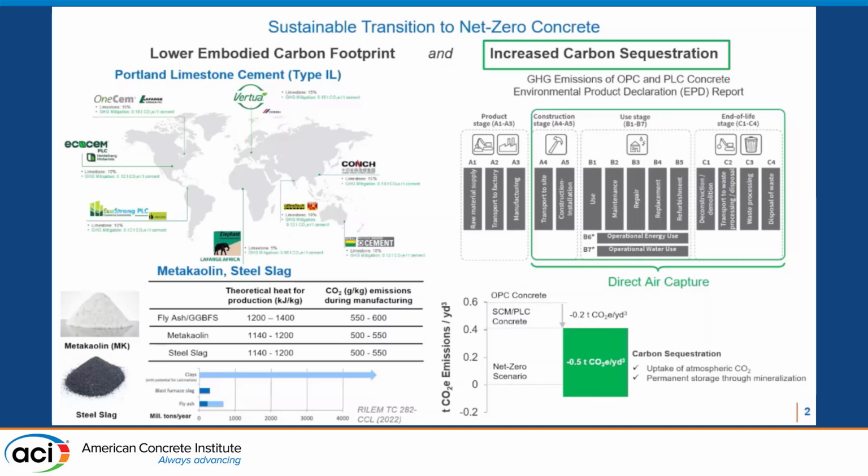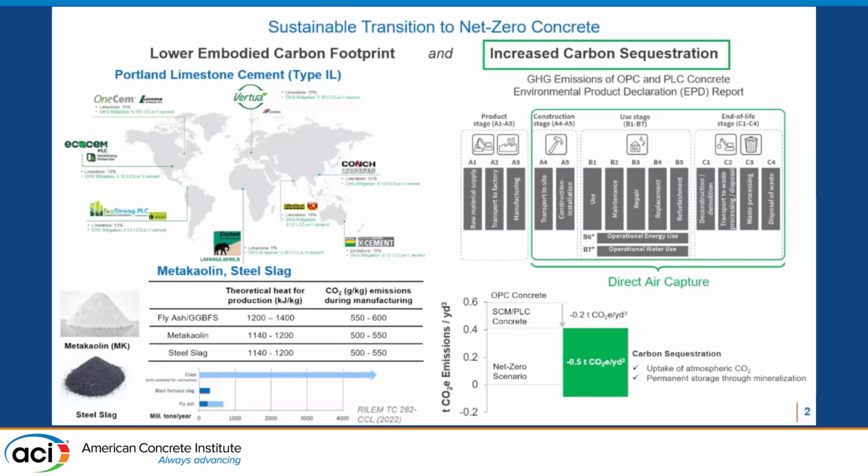But to conclude with this small introduction, please take a look here at this information, as we are showing what we can do using OPC cement, Portland cement, supplementary cementitious materials, and the PLC cement for making concrete.